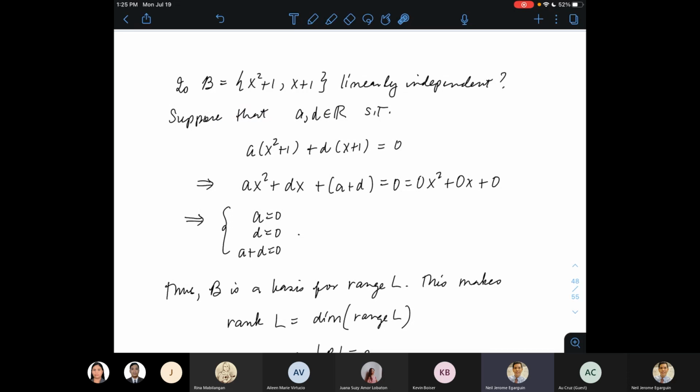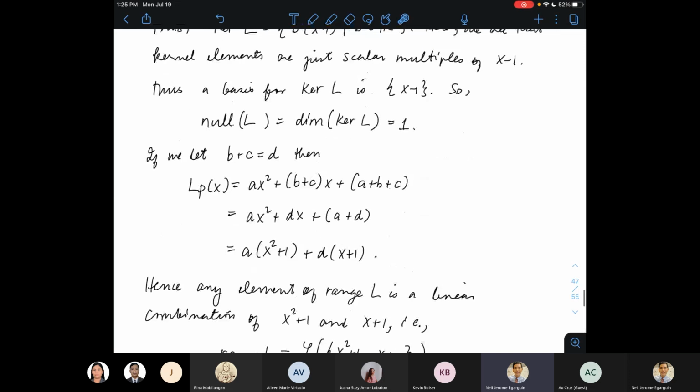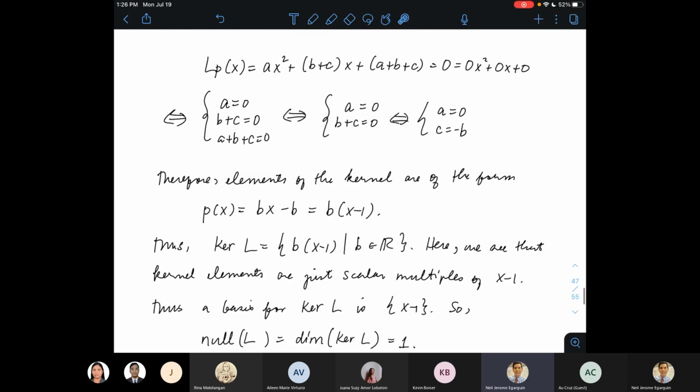And since the basis for the range consists of two elements, we can say that the rank of L is equal to 2. And then again, let's see if our hunch earlier is correct. The sum of the nullity and the rank is the dimension of the domain, right? Rank L is 2. Nullity of L is 1. Okay, so the sum is 3.